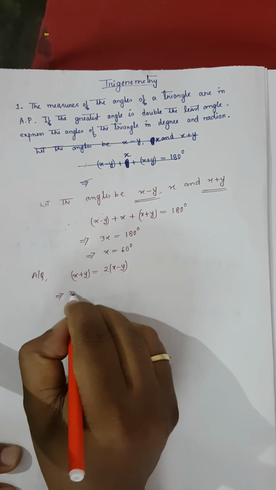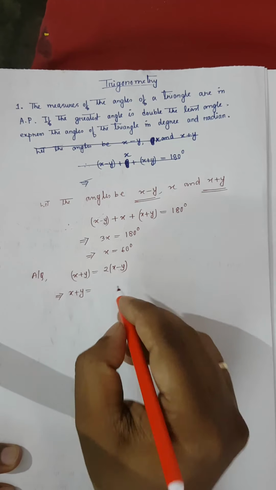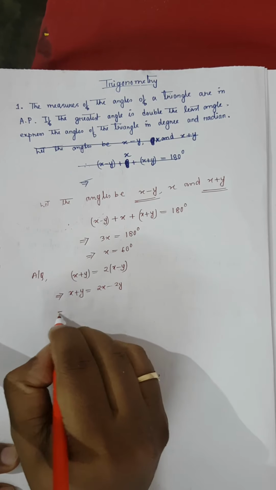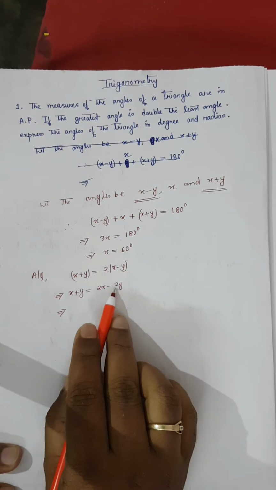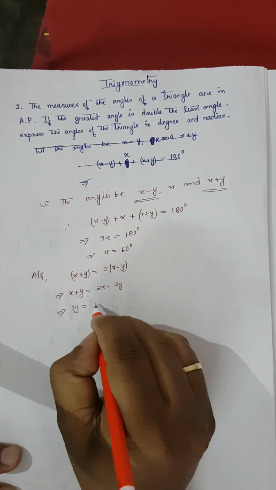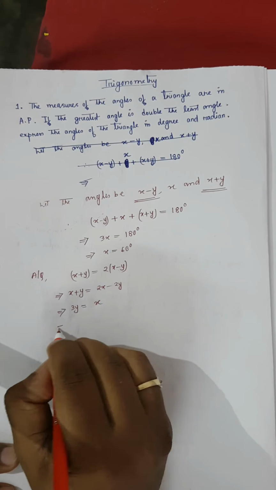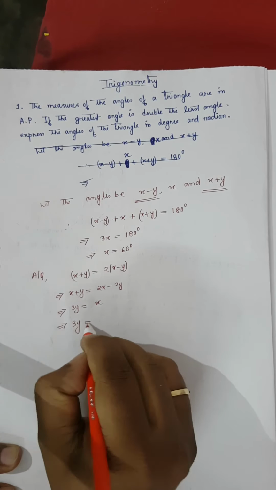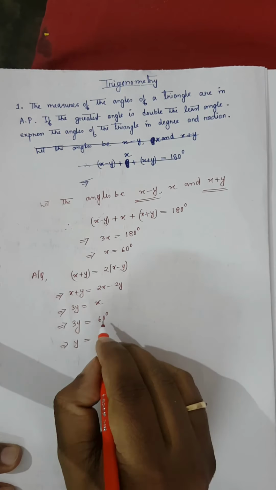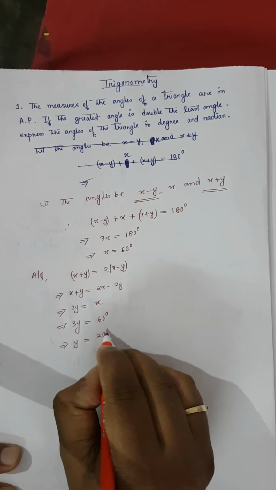After calculation you will find that x plus y is equal to twice x minus twice y. So taking minus twice y to this side, you will get thrice y is equal to x. So thrice y is equivalent to 60 degree. Now y is equal to 60 by 3, 20 degree.